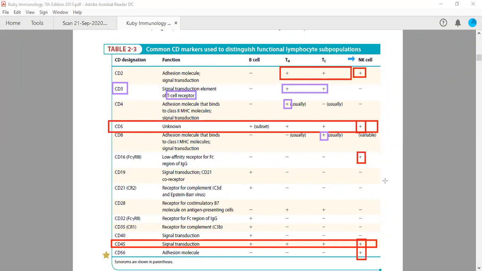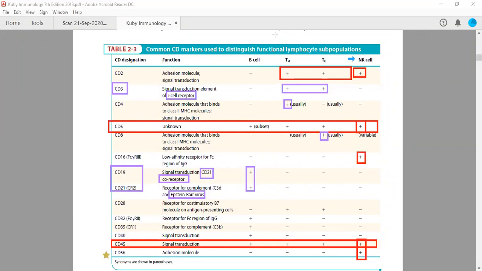CD16, I already discussed. CD19 and CD21 are present in the B cells. CD19 is called the CD21 co-receptor. It is a co-receptor to the second one, and CD21 is called complement receptor 2, and it is the same receptor used by the Epstein-Barr virus.